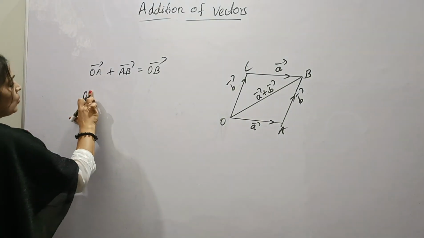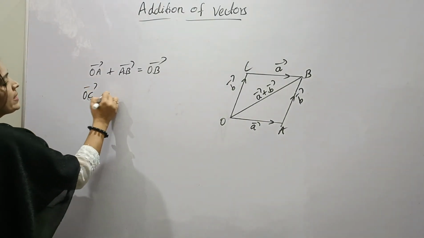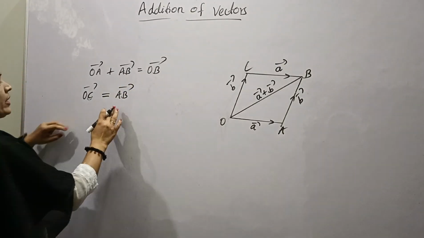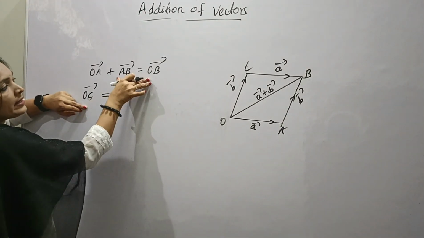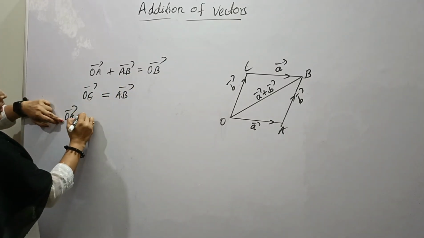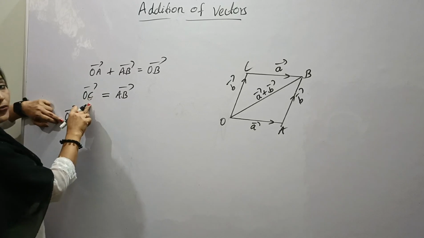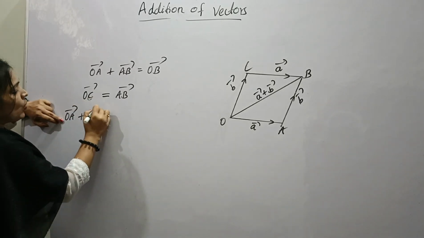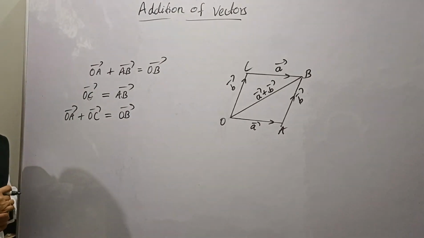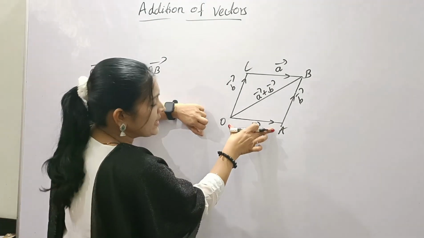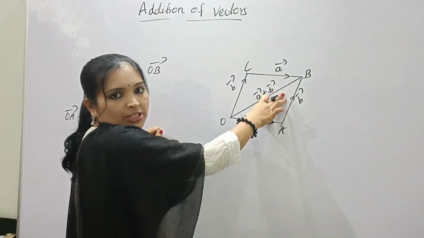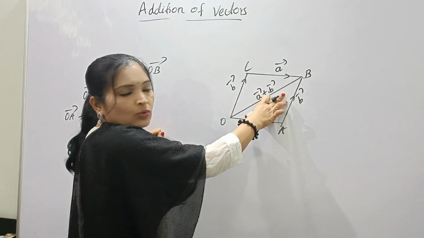So let's apply this in the equation. We get vector OA plus vector OC is equal to vector OB. That means this vector plus this vector is equal to this vector, the diagonal.